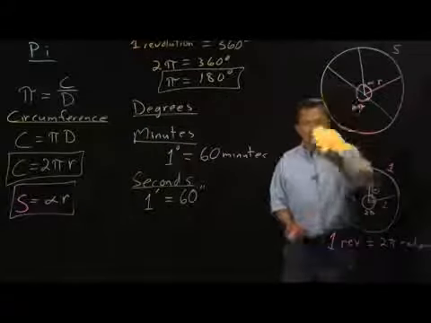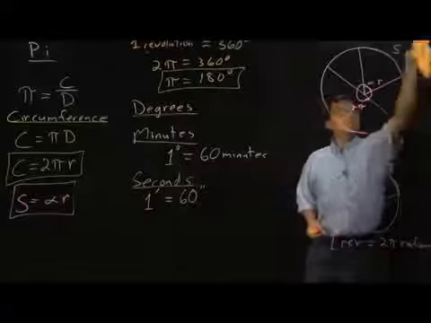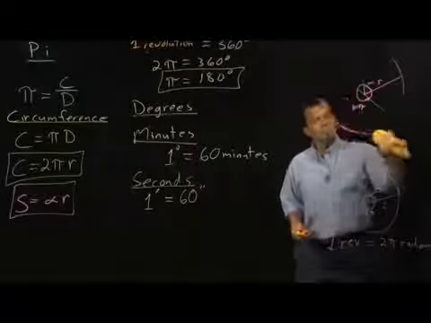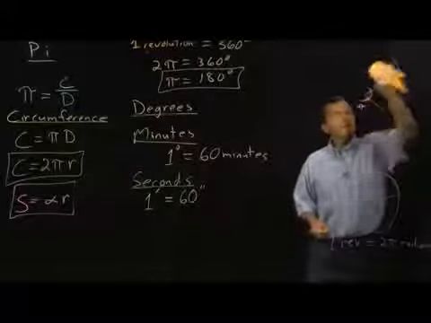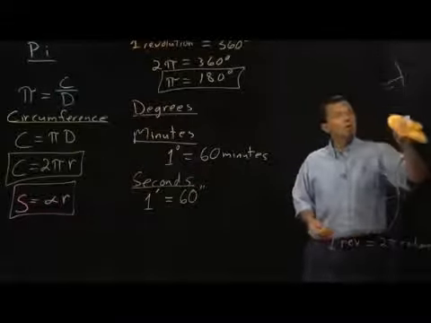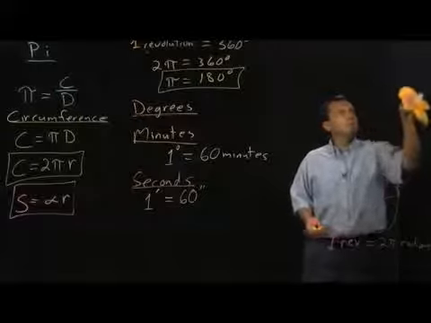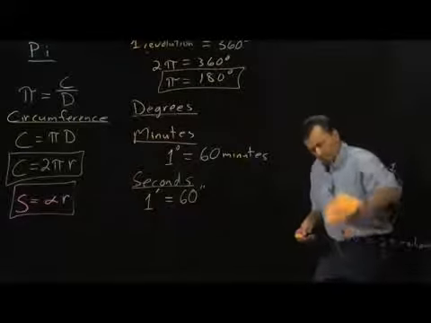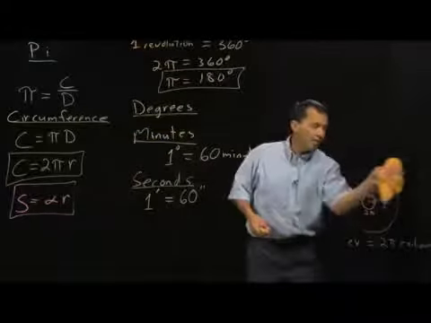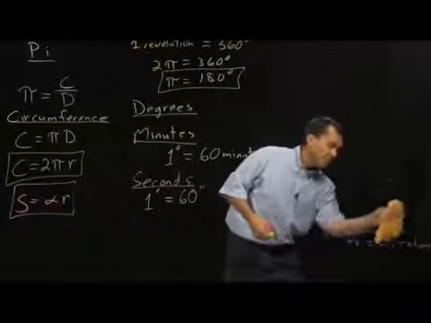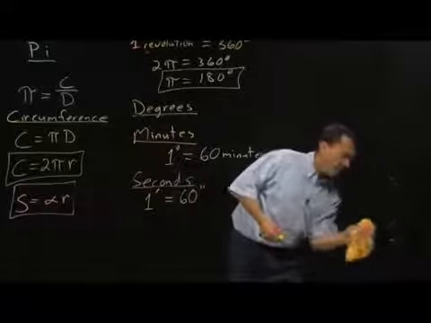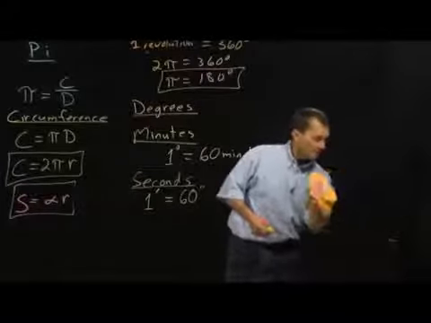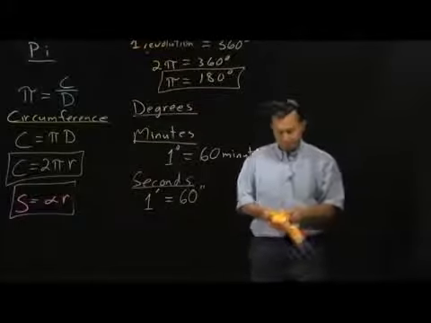Let's do one example doing degrees to minutes. Now this happens when you're given a fraction of a degree and you want to convert it to degrees and minutes. Now some of your homework, they're going to ask you to round off to decimal places. So make sure you're very careful looking at the instructions and what they're actually asking for.